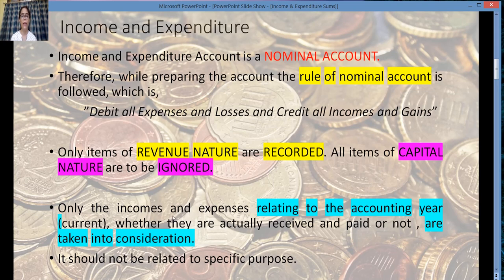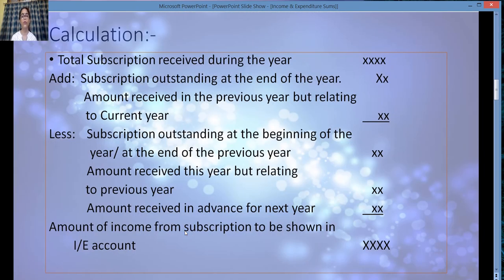That is, only incomes and expenses relating to the accounting year, that is the current year, are taken into consideration, and those incomes and expenses which are meant for a specific purpose are not considered. Suppose there was a donation for a building or for a particular purpose, that is not to be considered while calculating the income and expenditure. So we will try to show this through one or two sums.